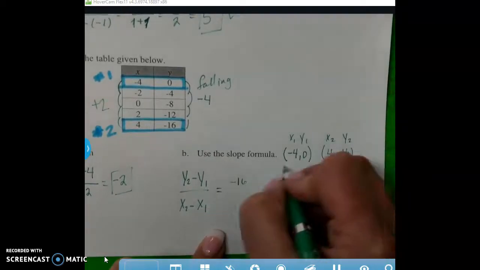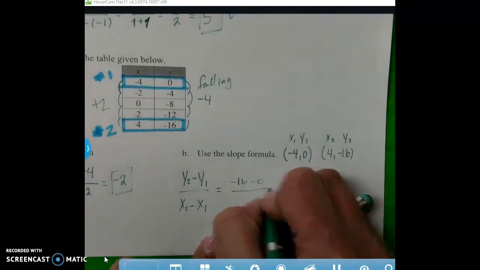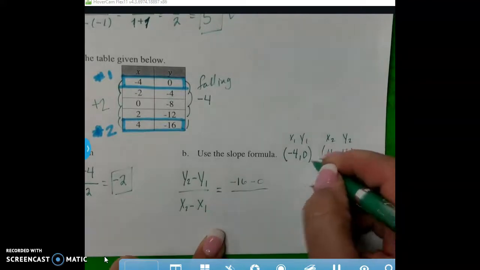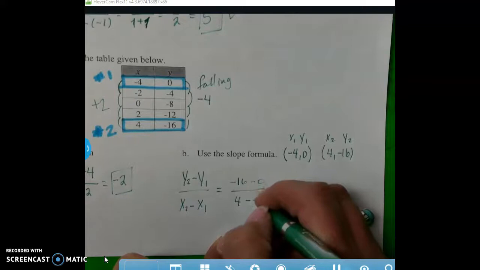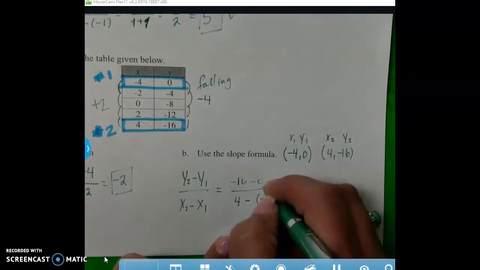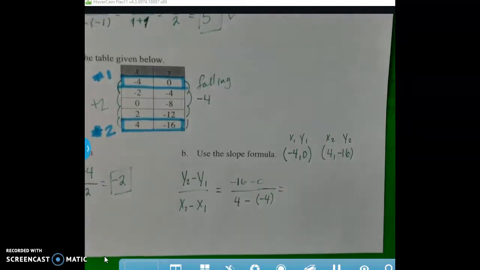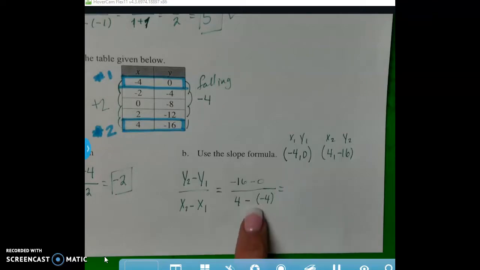Negative 16 minus 0, over 4 minus negative 4. A lot of times the values in your table are going to be really nice. We hardly see any fractions or decimals, a lot of integers. But please, please, please make sure you're not doing this in your head because of all of these negative numbers.